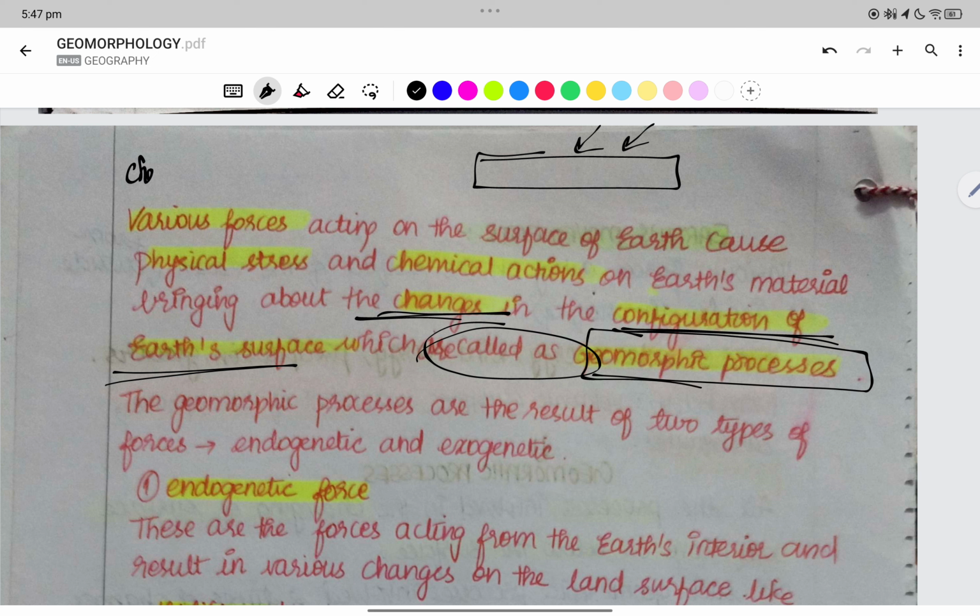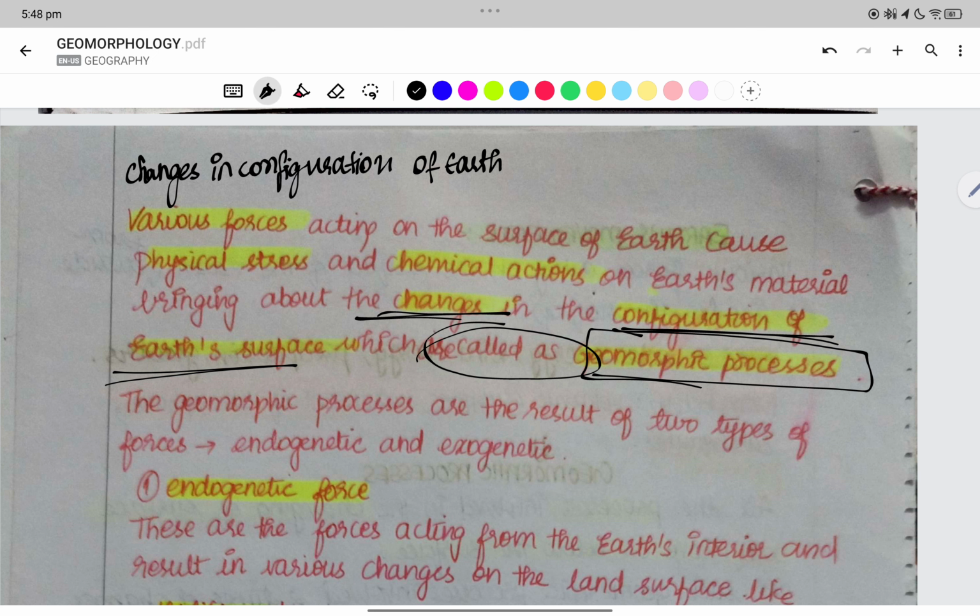The changes in the earth's surface are what we call changes in the configuration due to various forces.